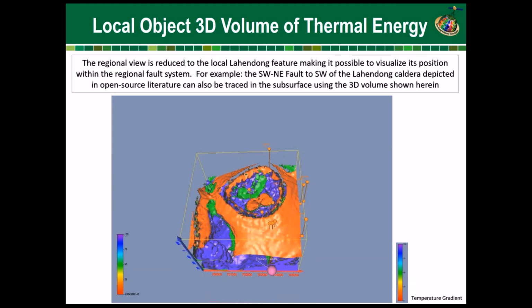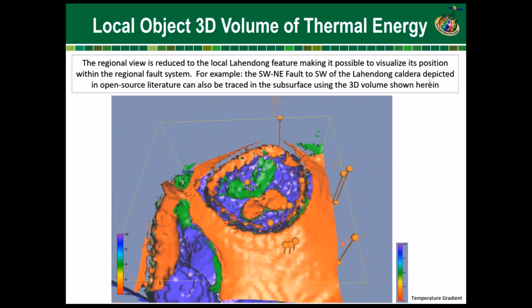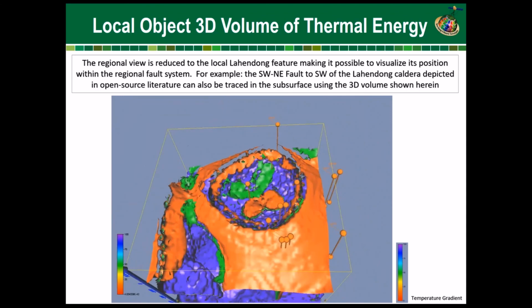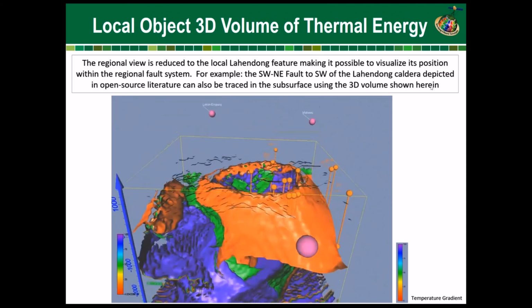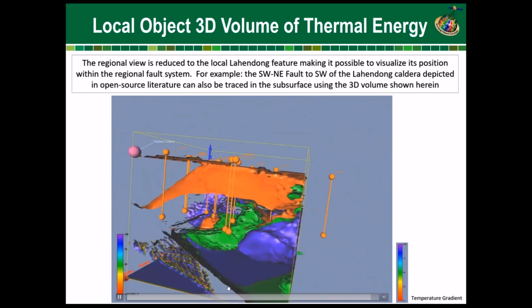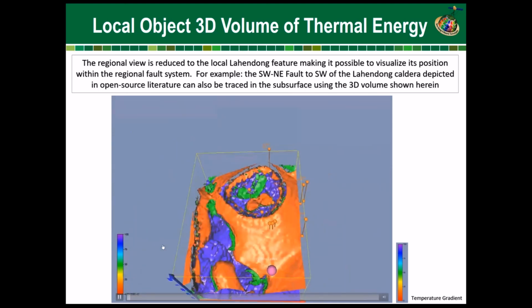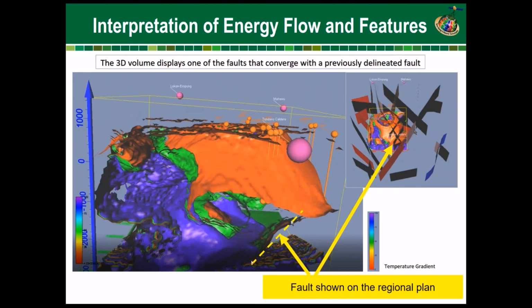You will see actually that the southwest-northeast fault, the southwest of the Lahendong caldera, depicted in the open source literature, can also be traced in the subsurface utilizing the 3D volume shown here in this particular plane right here. So that is a very good sign that our data set is accurate. Please take a look at this particular fault plane and how well it correlates with the fault plane delineated here.